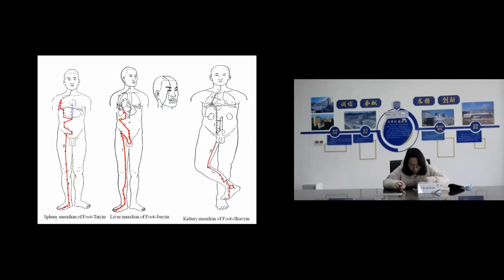Next one is the liver meridian of foot, Jue Yin, in the medial side of the body, from the second toe of the foot, then traveling and ending on the chest. The last one is the kidney meridian of foot, Shao Yin, from the fifth toe of the foot, then to the chest. Here are the 3 yin meridians of the foot.